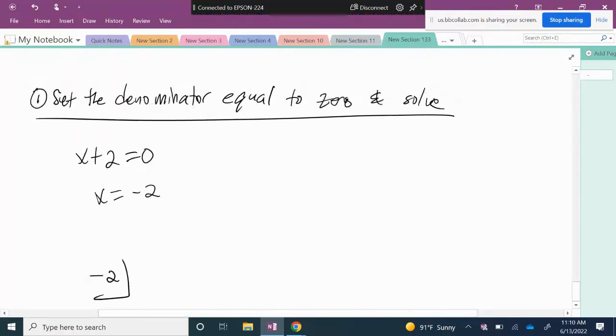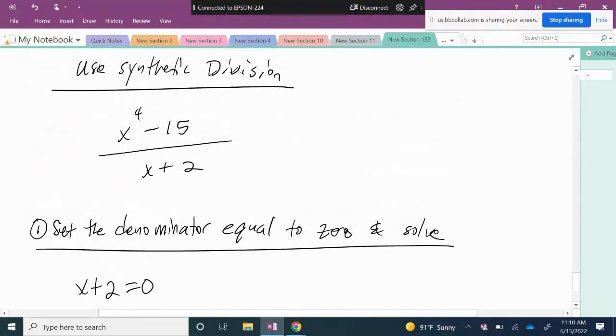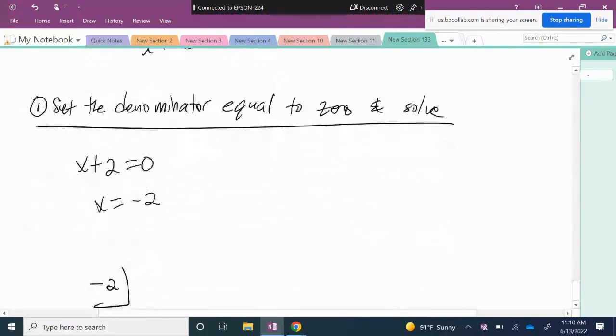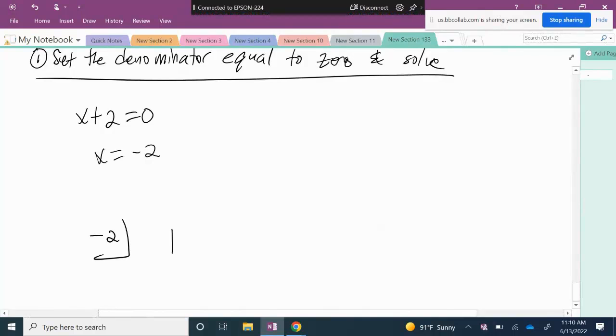Next, we're going to write out the coefficients for the dividend. But we have to make sure if we're missing any degree terms, we put in filler terms. So we have an x to the 4th. That has a coefficient of 1. We don't have an x to the 3rd term.